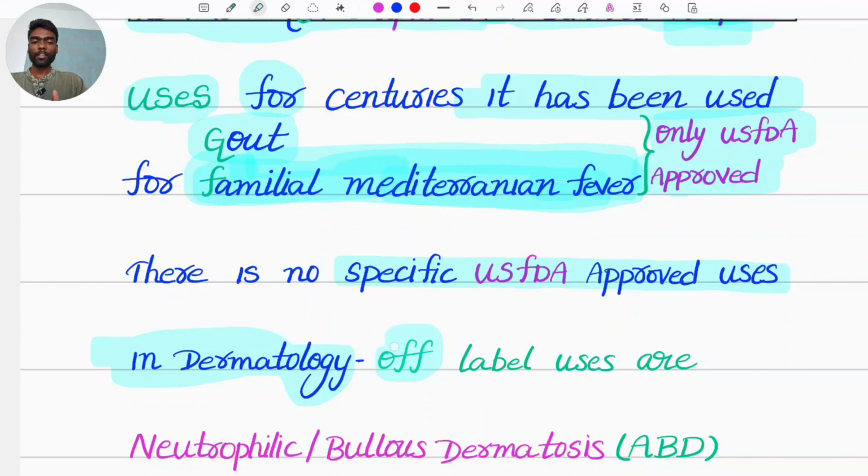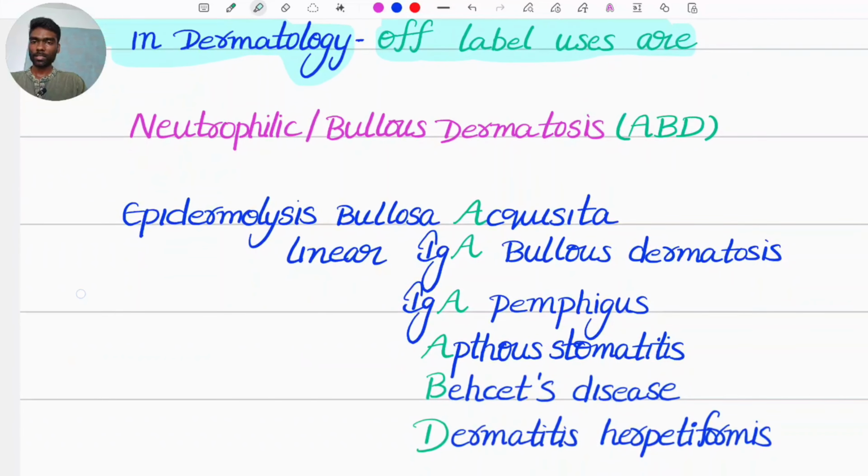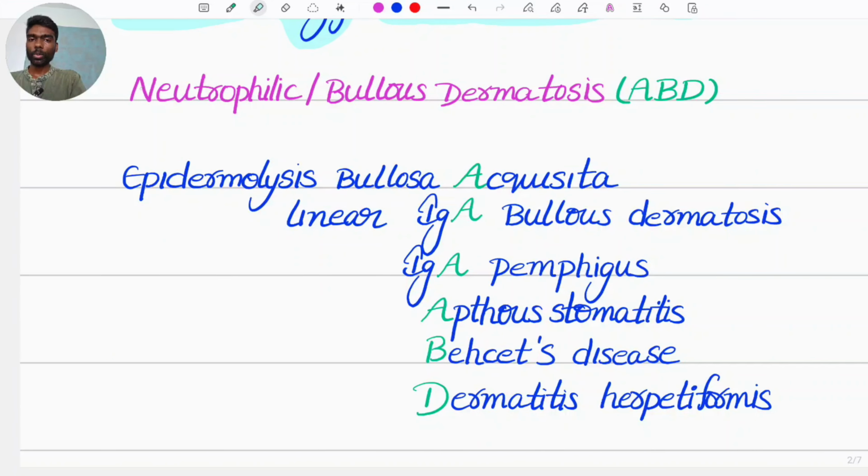Only off-label uses in dermatology are neutrophilic or bullous dermatoses A, B and D. For A: epidermolysis bullosa acquisita, linear IgA bullous dermatosis, IgA pemphigus, aphthous stomatitis. For B: Behçet's disease.